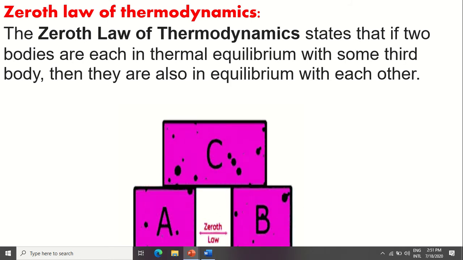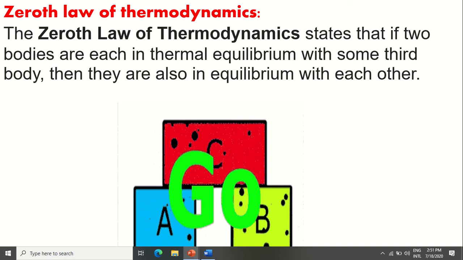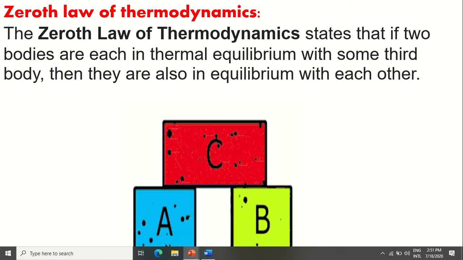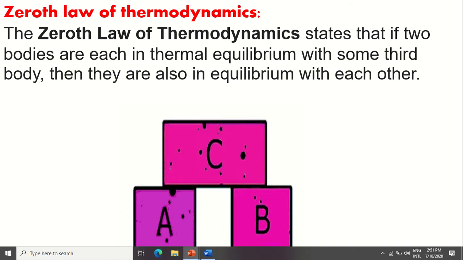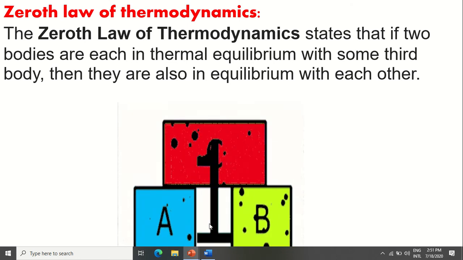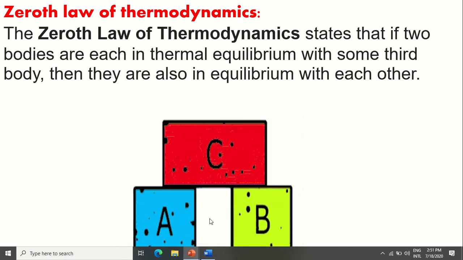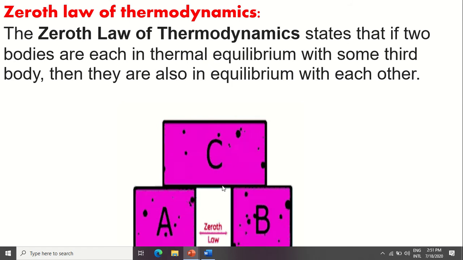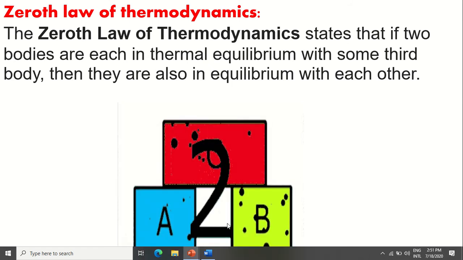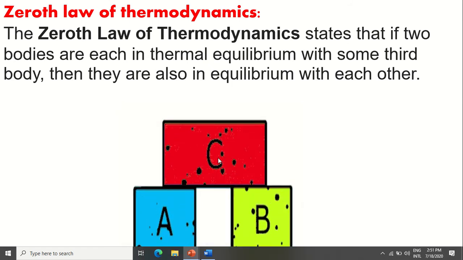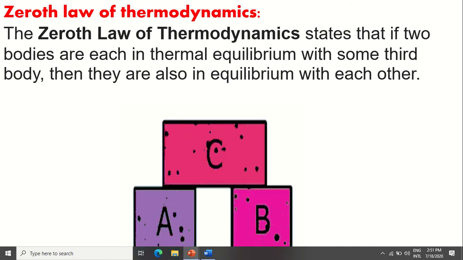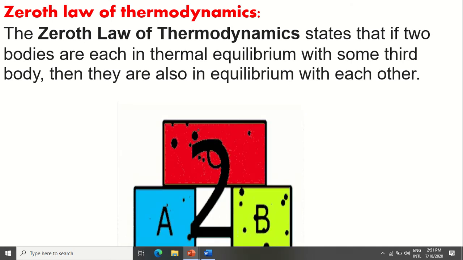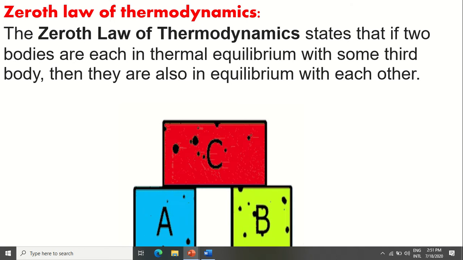Here we can see the bodies A and B are separated by a bad conducting or insulating material between them, and both are in contact with a third body, C. After some time it will be seen that both A and B attain thermal equilibrium with the third body C. Now if this bad conducting wall is taken away, no change in the temperature of A and B will be observed.